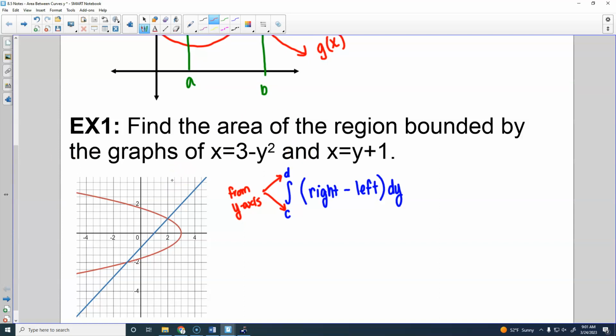Now, if we were not doing this with a calculator, or if they did not give us a graph, we would need to know our intersection points. To find those intersection points, we can set these equal to each other. They are both equal to x, so we can set them equal to each other, 3 minus y squared equals y plus 1. And so I would move everything to one side.